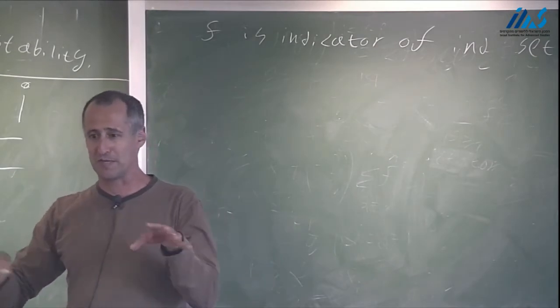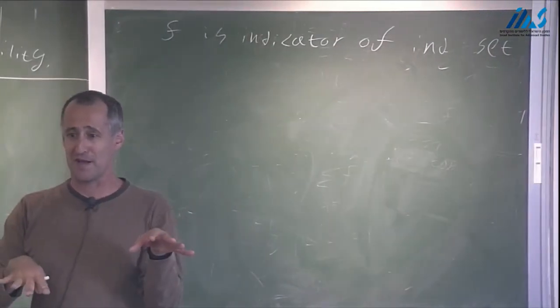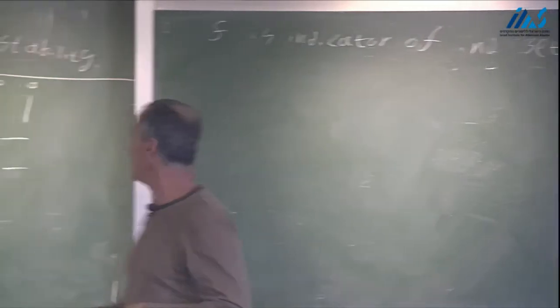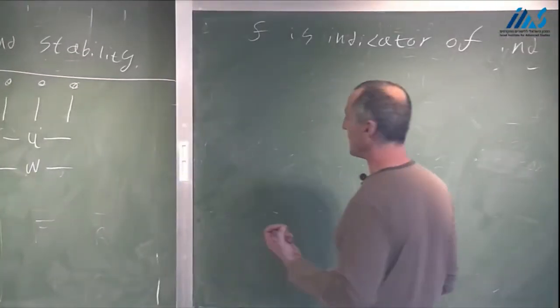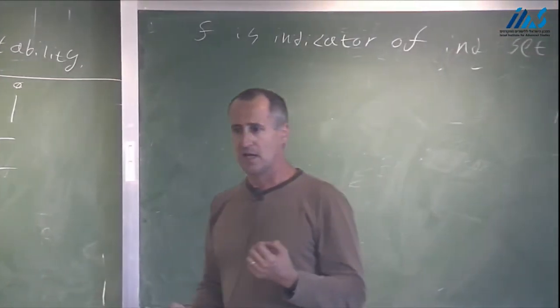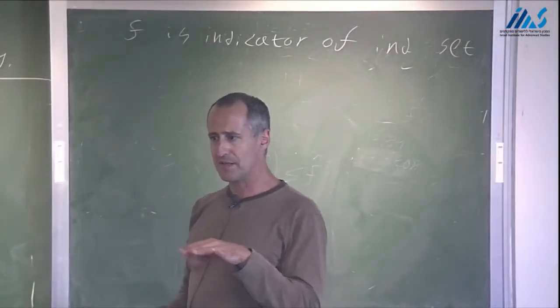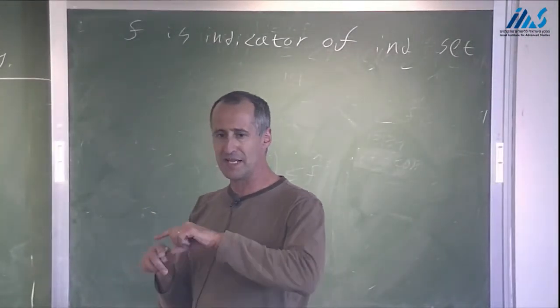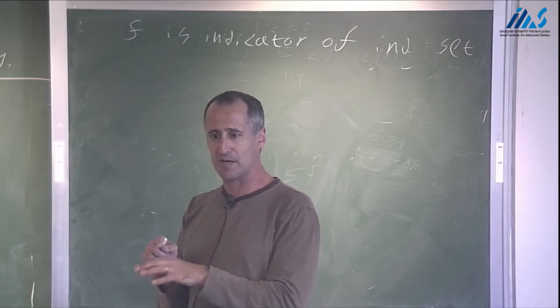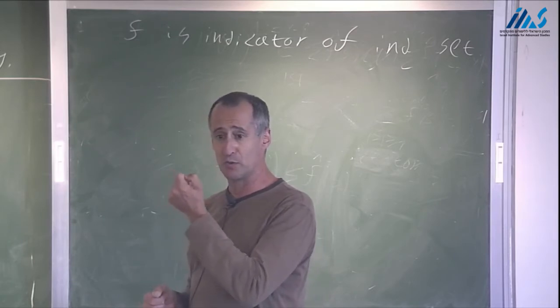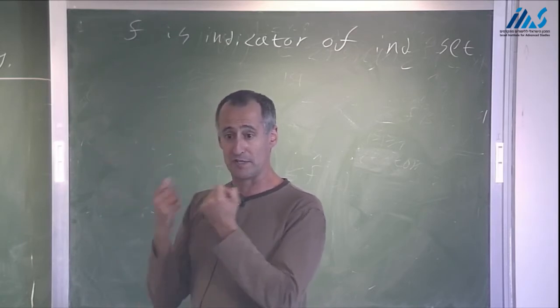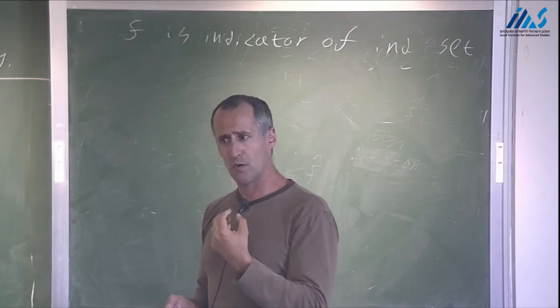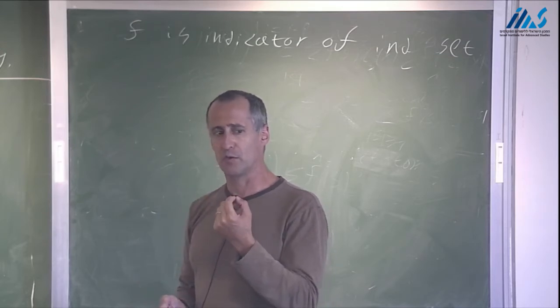They both have the uniform distribution, but such that if x is in the family, y is not in the family, and vice versa. So here, I'm going to take x in the independent set. And if x is in the independent set, then wherever x is equal to 1, all the neighbors are equal to 0. So I'll say this in a more analytical way.